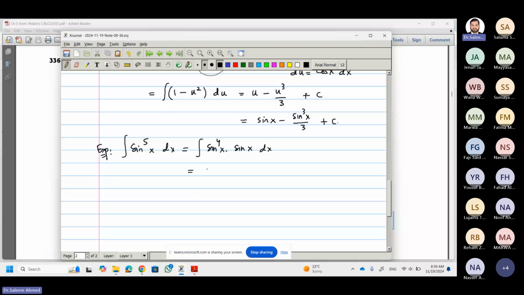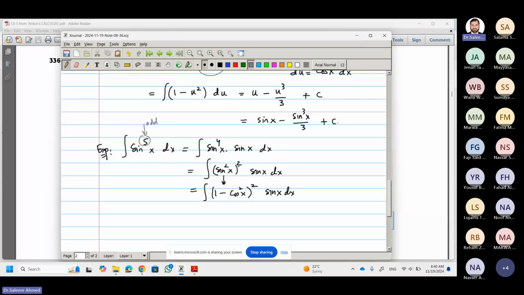Now sine 4x can be written as sine square x to the power 2, into sine x. And because sine square can be converted to 1 minus cos square x, and the power 2 will remain there, and sine x dx. That's why I said odd power. If this power is odd, we are okay. If this is an odd power, we can always do that.